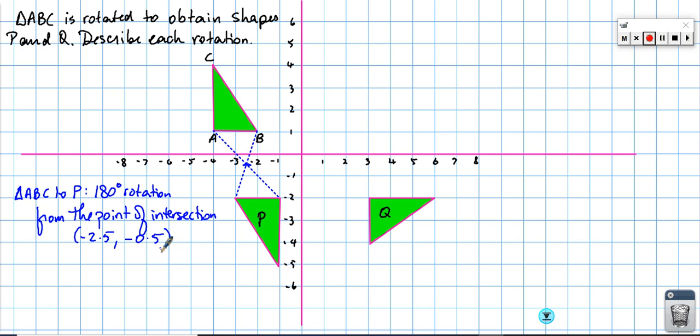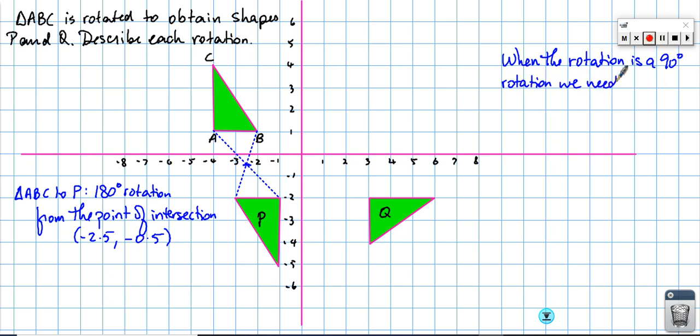Now to do that we need to construct the center of rotation when the rotation is a 90-degree rotation.